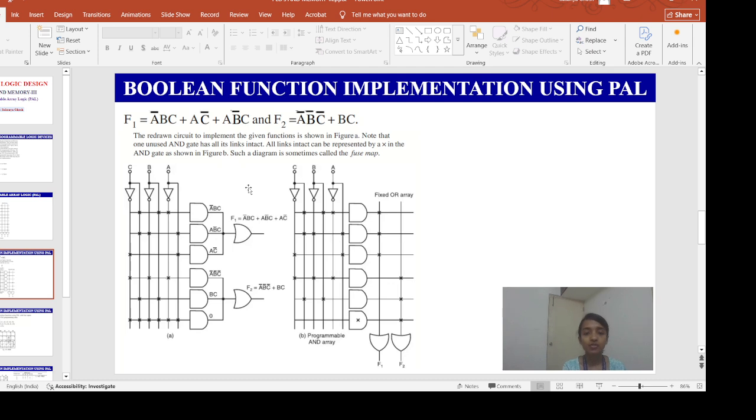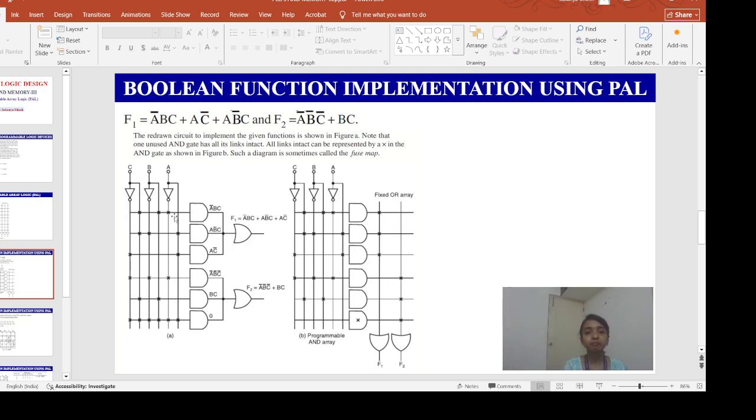So what we can observe over here: A, B, C. First, our job is, this is a 3 variable function, so we have to draw 3 variables over here. One is the natural variable, and with that variable we have to draw the complement of that variable also: A bar, B bar, C bar.